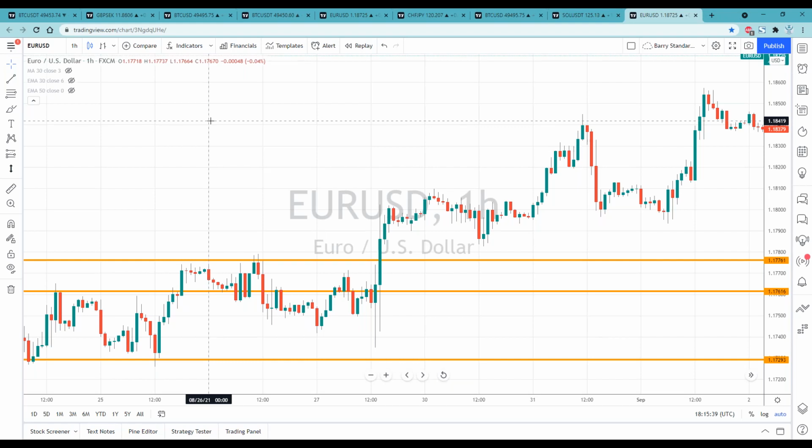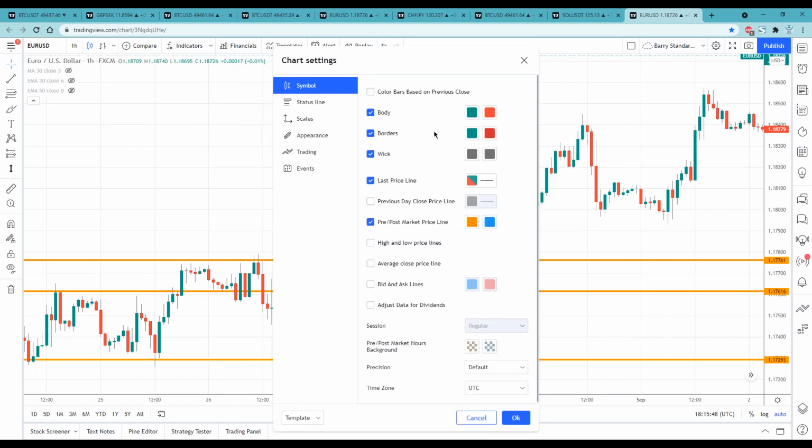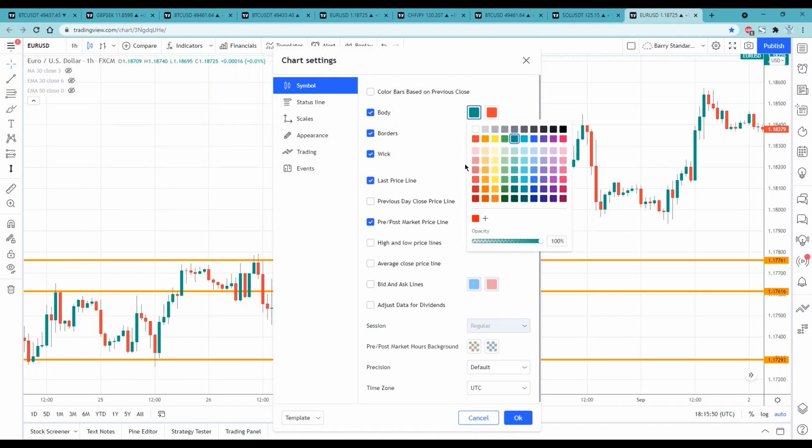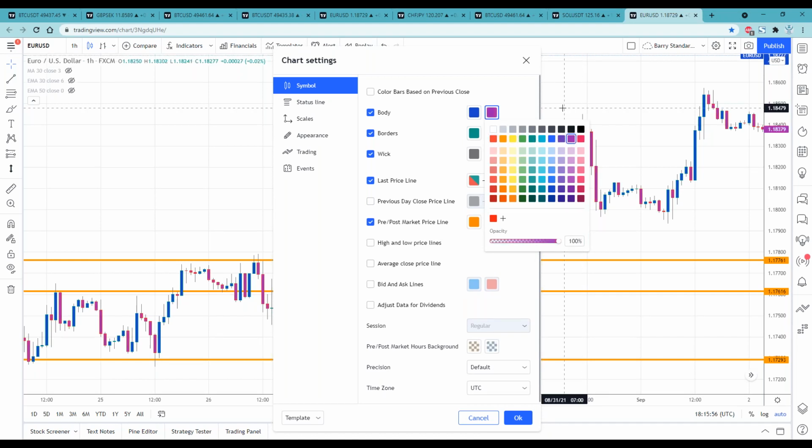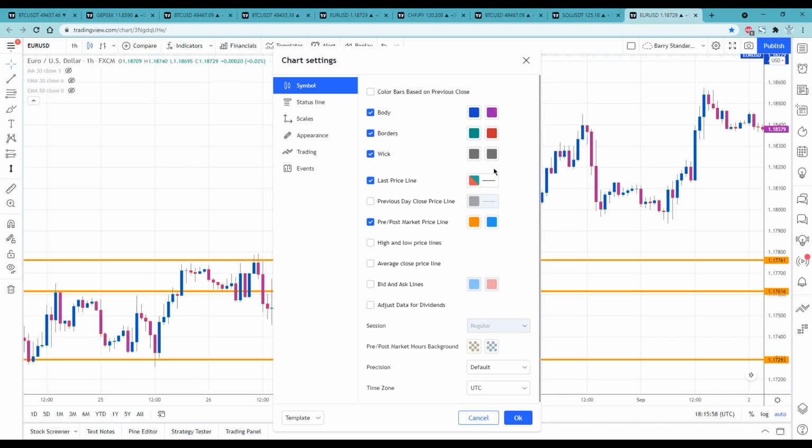Well, the fact is, green tells you you had a bullish session, red tells you you had a bearish session. But again, with my developers, I can use blue and purple. As long as I know which color represents bullish and which color represents bearish, it doesn't make a difference one way or another.